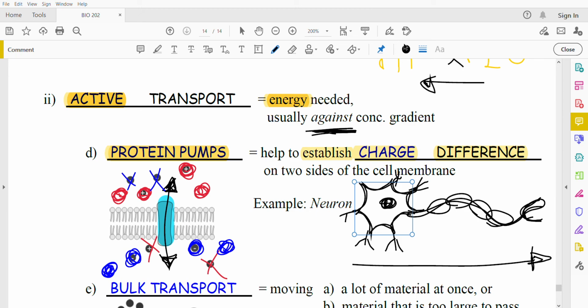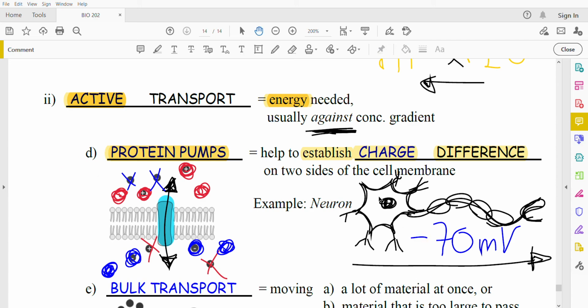And to do this, nerve cells need to have a negative charge inside them, because the electrical message that travels within the nerve cell is actually going to be a charge change. It's a short temporary change in the inside charge of the nerve cell.